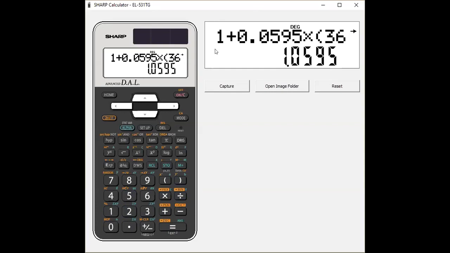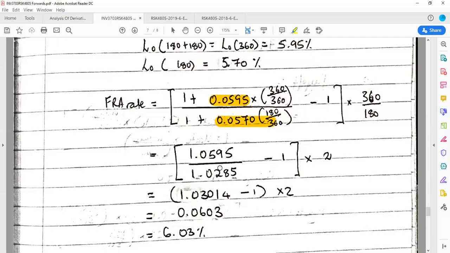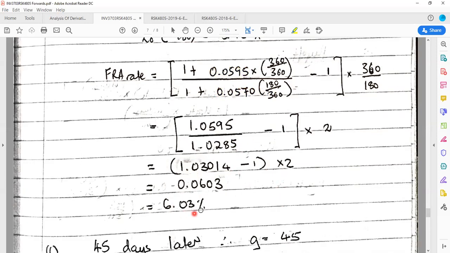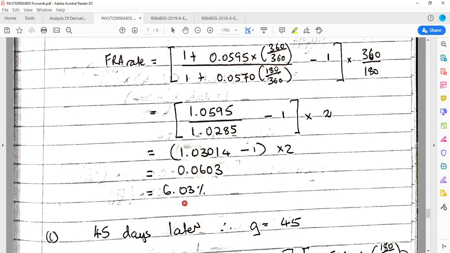Okay, so that's how you get 1.0595 right here. So you do the same for the bottom part. You just enter this in as it is into your calculator, and then you get 1.0285 minus 1. You simplify this bit by bit and you multiply by 2, and this gives you the FRA rate, right?